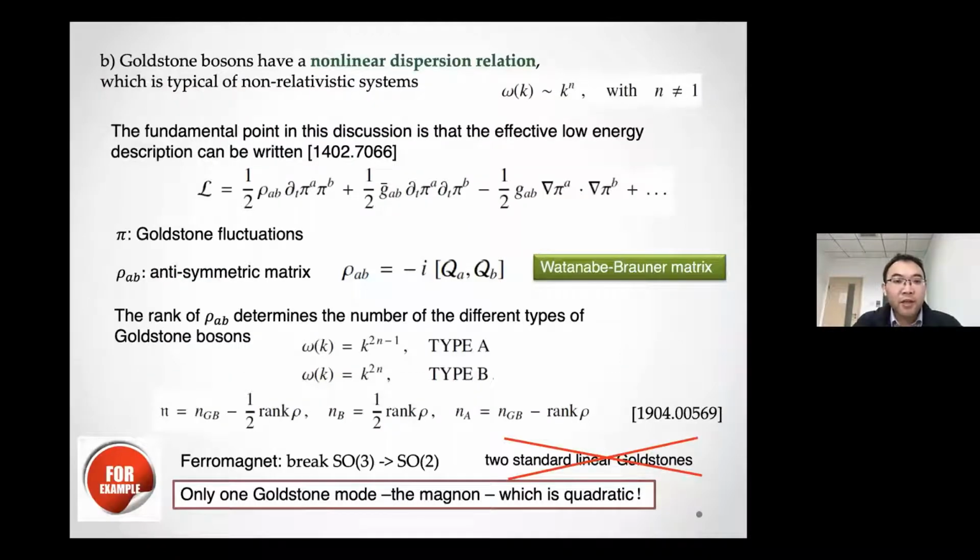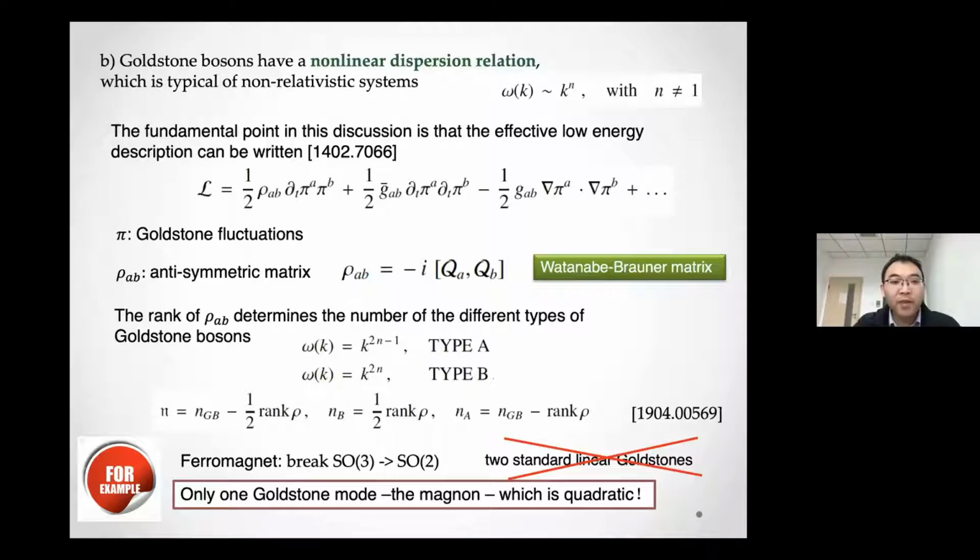In the second case, the Goldstone bosons have a nonlinear dispersion relation. For example, the relationship between the frequency and the wave number has a nonlinear power, meaning n is not equal to 1, which is typical of non-relativistic systems.